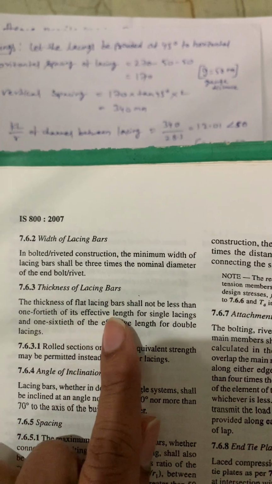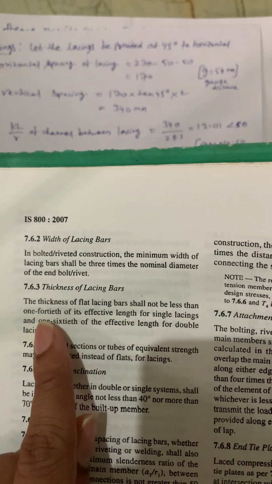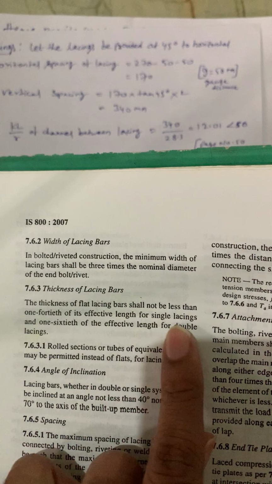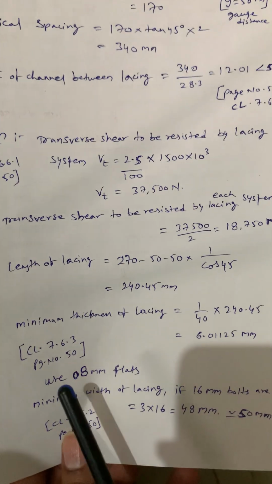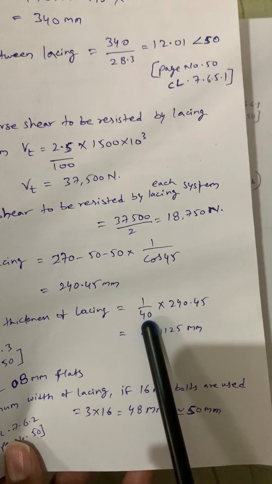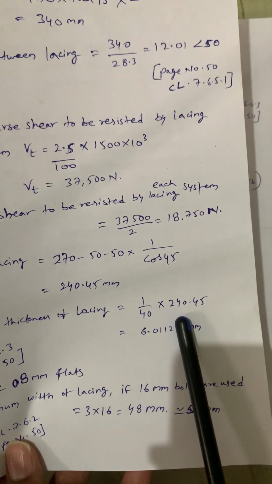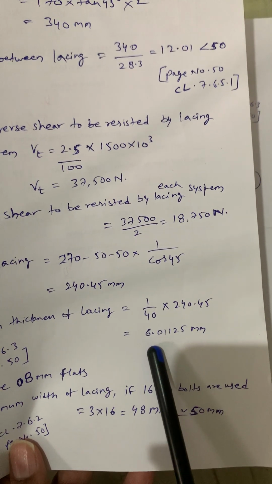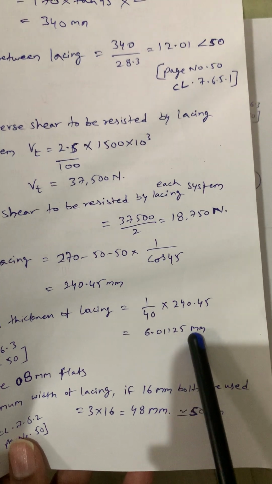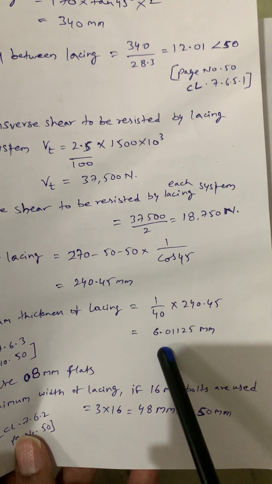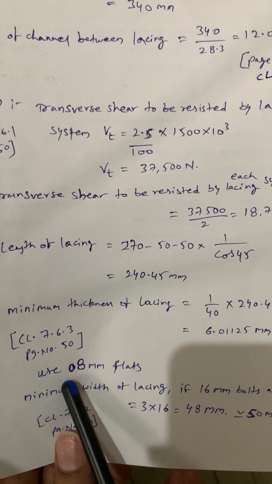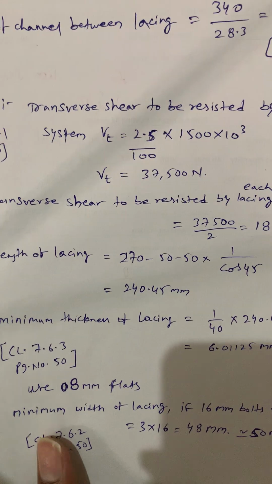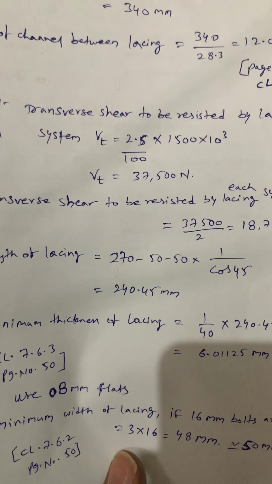Thickness of the lacing flat shall not be less than 1 by 40th of its effective length for single lacings. So here we are designing single lacings. As per code, 1 by 40th of length of the lacing, effective length. That is, I got 6.01125 mm. So here I got around 6.0. So I am considering 8 mm flats. I am using 8 mm flats for this.